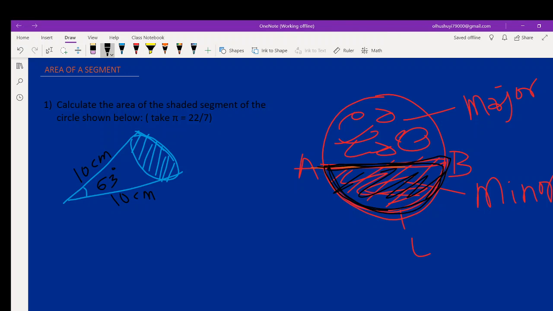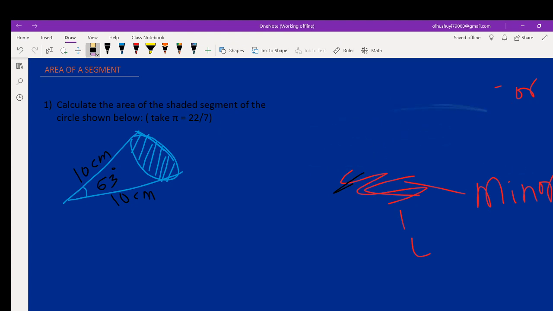Now, when you have the area of the segment, there are two things you're going to consider. One, the area of a sector. Most of the time, there will always be a sector drawn for you.